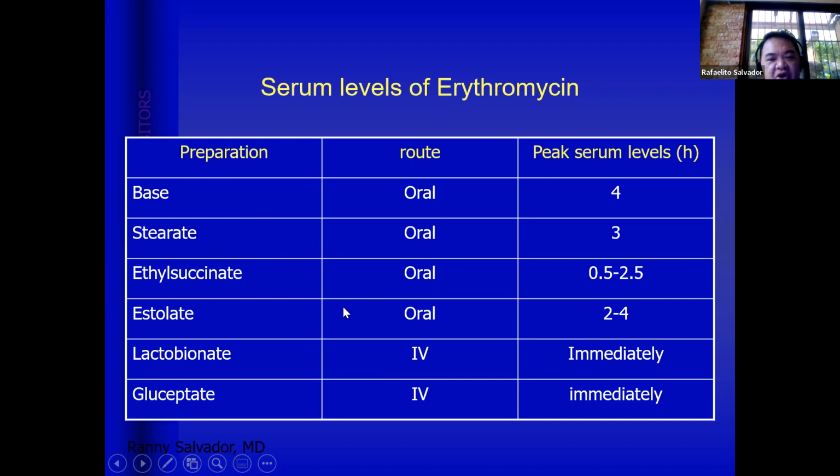They can be given orally because they survive the gastric pH, and peak serum levels differ depending on the salt. The generic names are erythromycin stearate, erythromycin succinate, or erythromycin estolate. I have no experience with the IV, but before we used to emphasize this. Before the generics law, we wrote erythromycin and the brand name immediately. So remember, the salt makes a difference, especially in erythromycin.